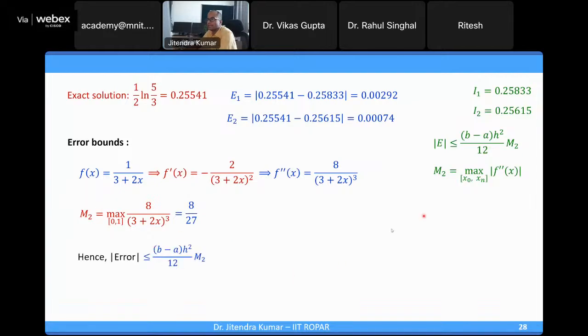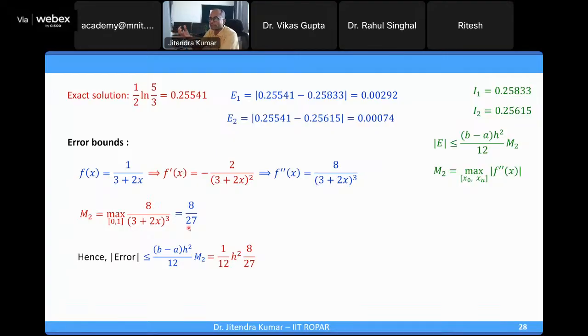And then the error will be bounded by (b minus a) h square by 12 m2, and if we substitute all these numbers here, h, b, a, and m2, which we have the estimate on, because we can't get the exact error by this.